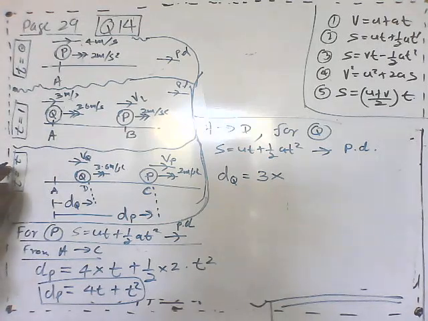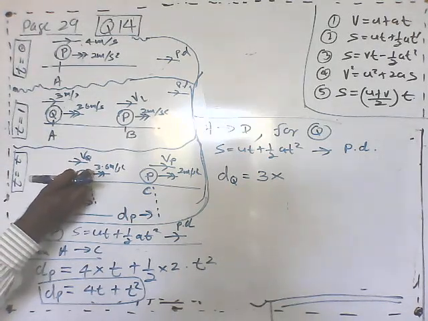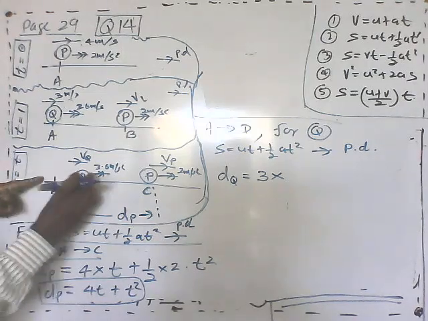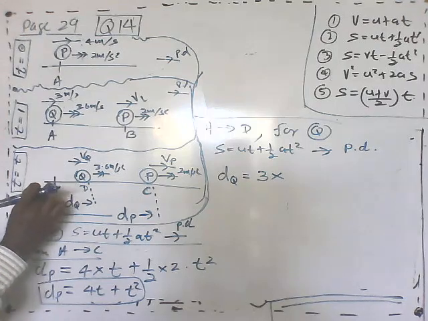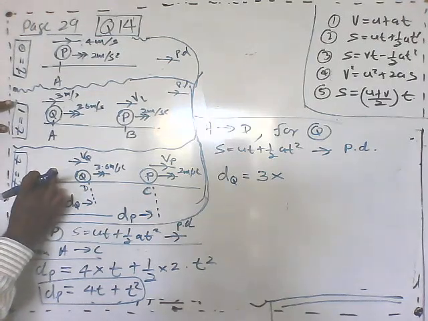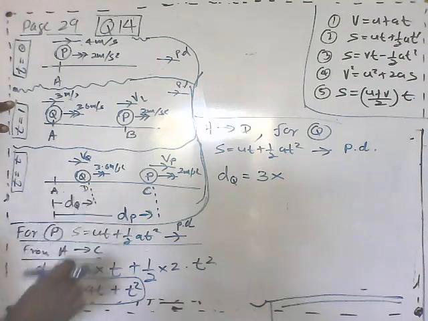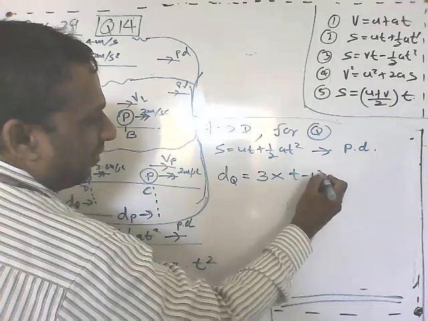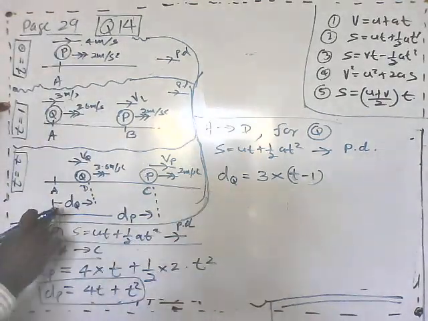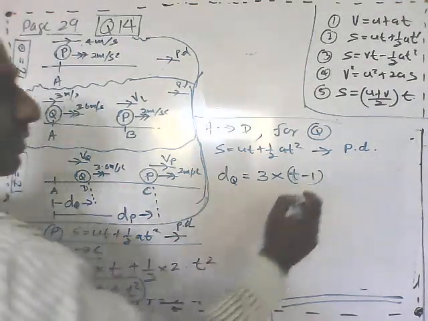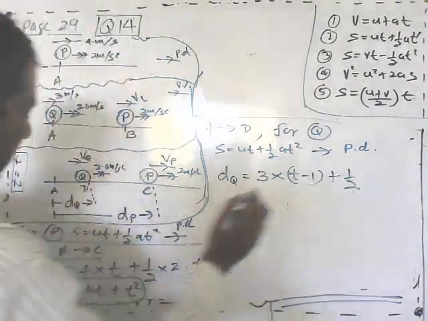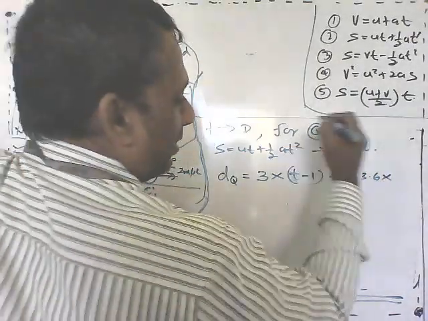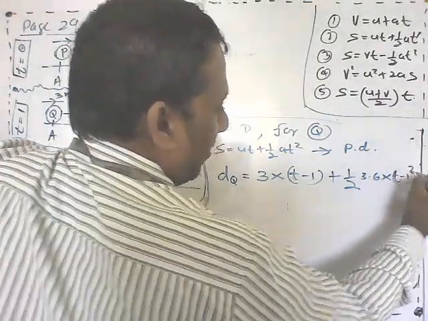Then at the 7th second, if Q is at D, he actually took 6 seconds to go from A to D, 7 minus 1, because in the starting point 1 second has already gone. So the difficult part is t minus 1, the time which Q took to travel from A to D. Then plus half, and his acceleration they have given as 3.6, into t minus 1 whole thing squared.